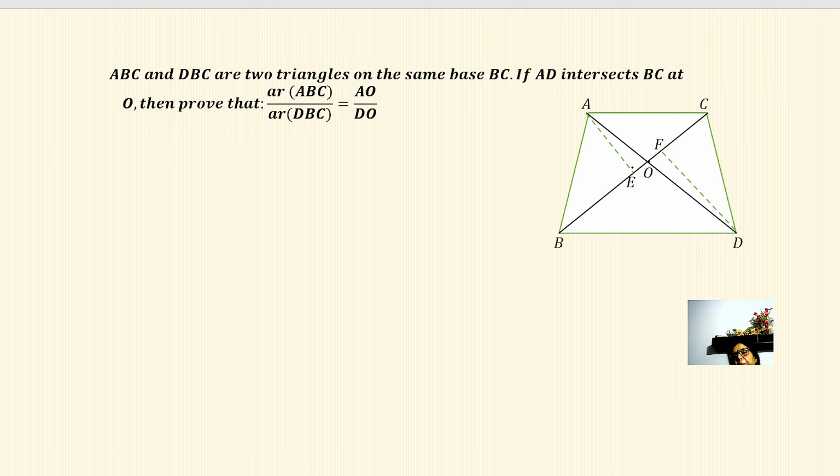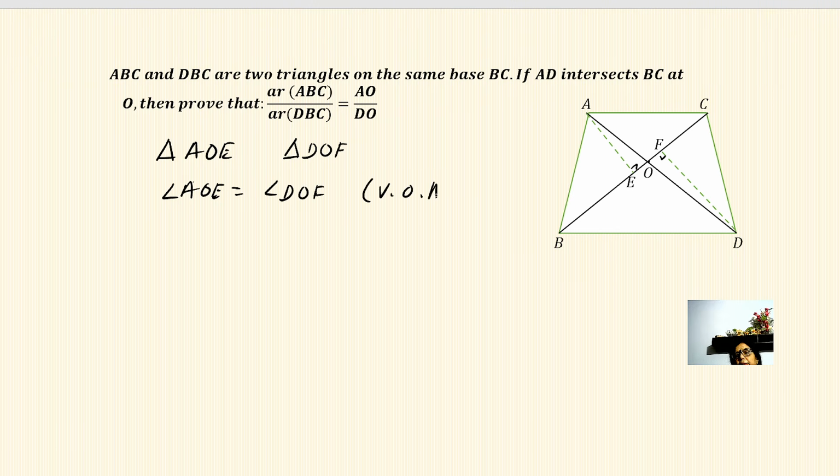And then we draw perpendiculars AE and DF. So now we get here two small triangles AOE and DOF. Now in these two triangles we get here angle AOE is equal to angle DOF, vertically opposite angles.